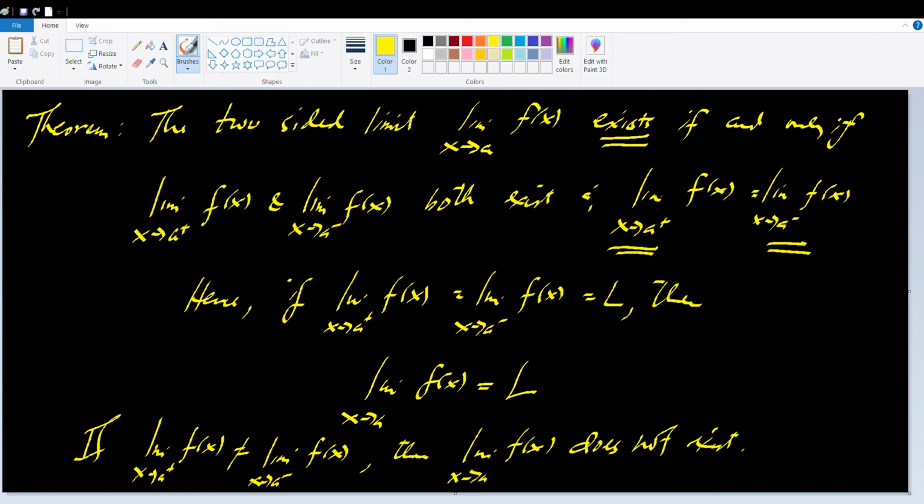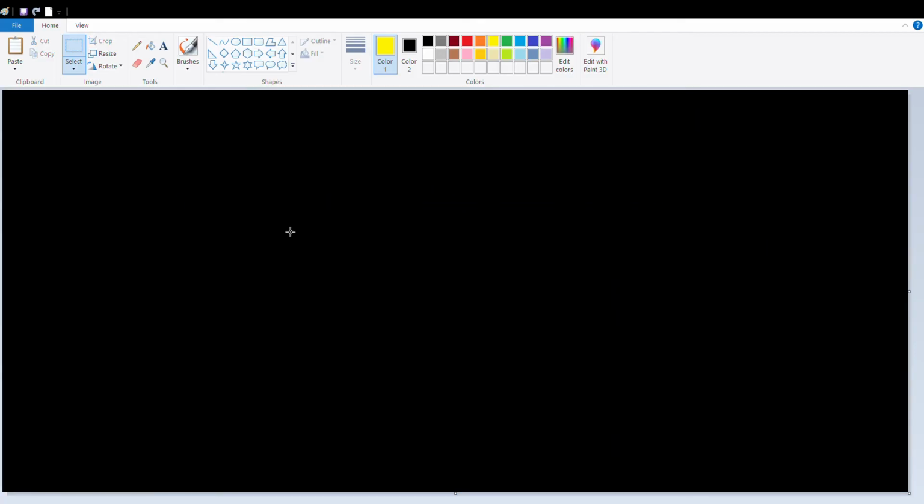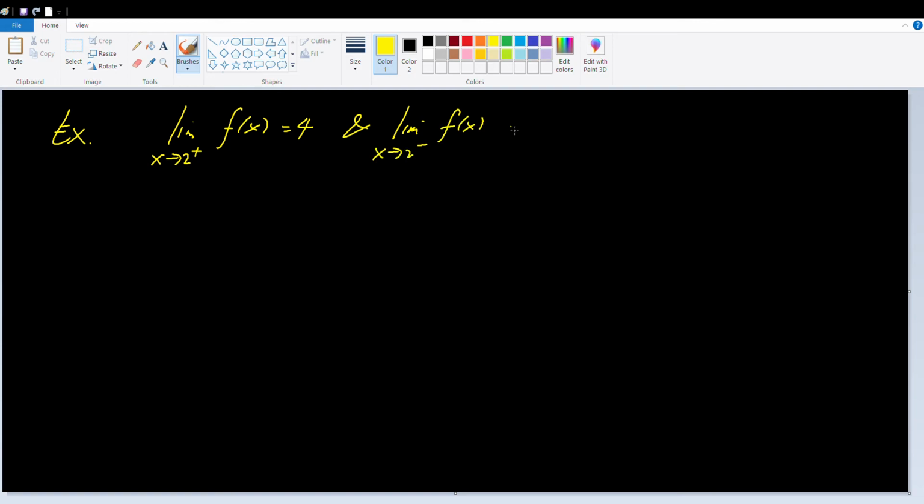What do we mean by that? So for example, the limit of f of x as x approaches 2 from the right is equal to 4, and the limit of f of x as x approaches 2 from the left is equal to 3. Therefore, the limit of f of x as x approaches 2 does not exist.